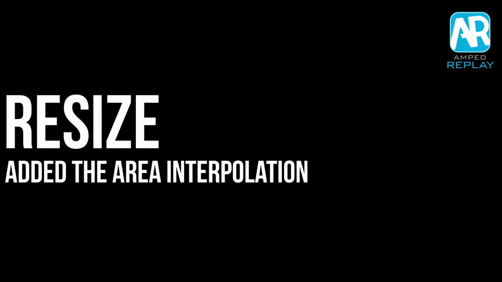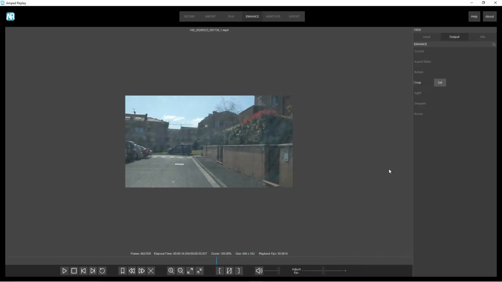We've also made improvements to our Resize filter within Replay. In the previous versions of Replay, when you resized your video or image, whether you were going to a larger size or smaller size, it would use the same interpolation method, which was the bicubic interpolation. The problem with this is that the bicubic interpolation is not very efficient in reducing the size of a video.